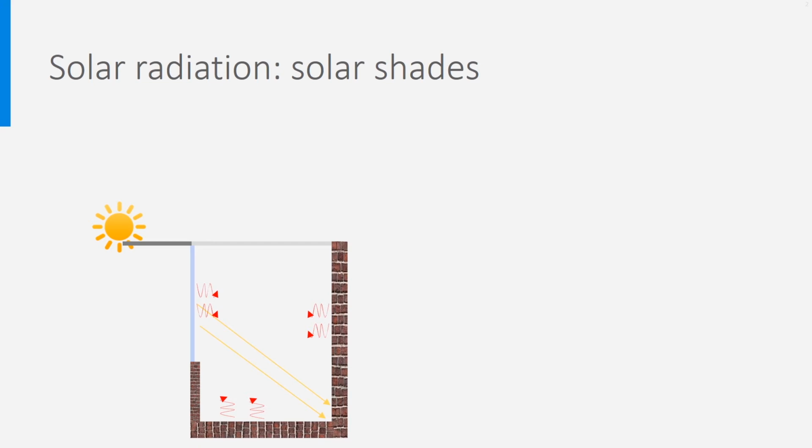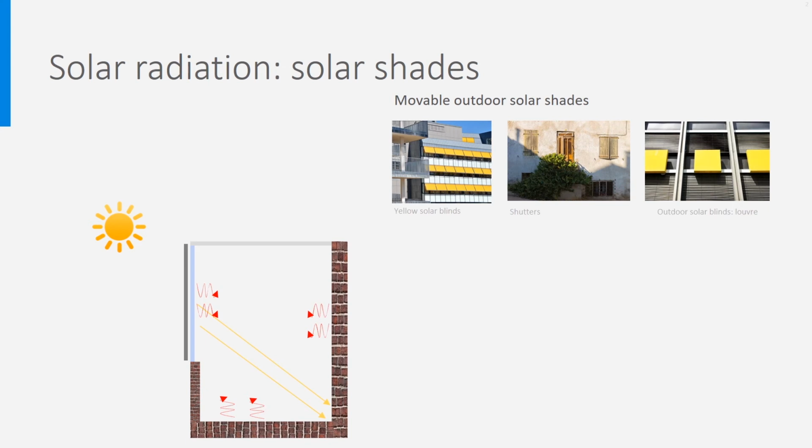Second, there are movable outdoor solar shades that block direct radiation too and to some extent diffuse radiation. The advantage of these shades is that you can choose when they are on or not. Here you can see a few examples.